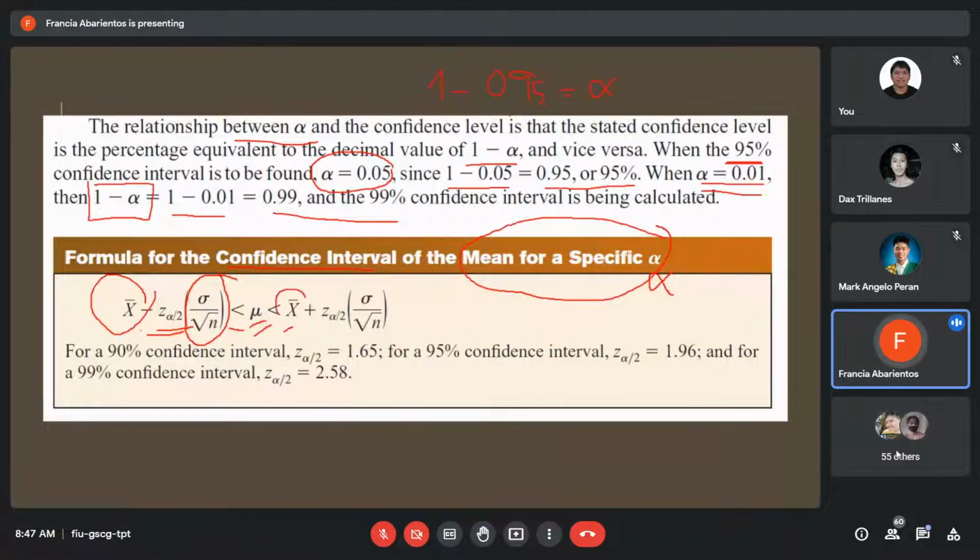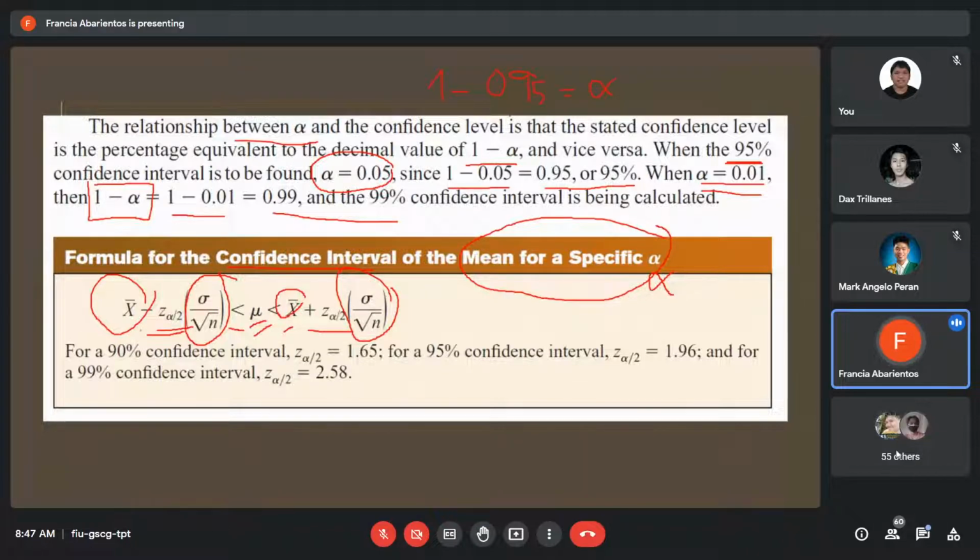So this is the mean plus the z-test natin na nakuha as well as yung times natin sa standard deviation over the sample size. Okay, so take note for a given confidence interval, we have now the z-test. Ayun class, kahit i-double check mo yan, makukuha mo yan using the table. Okay?